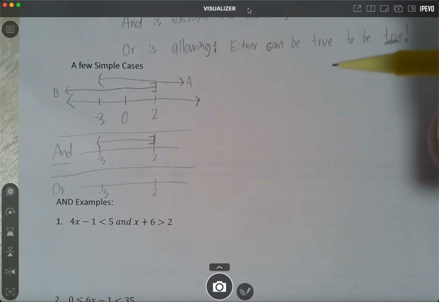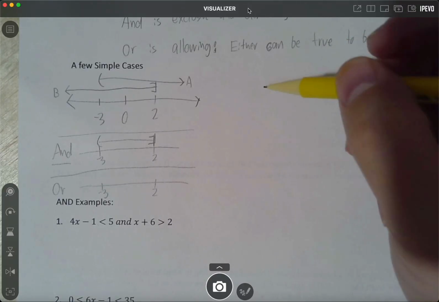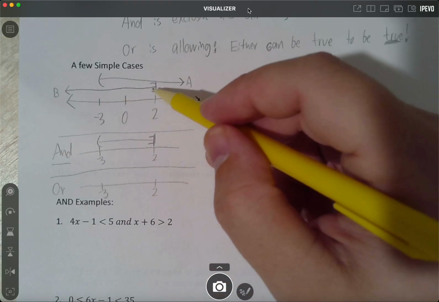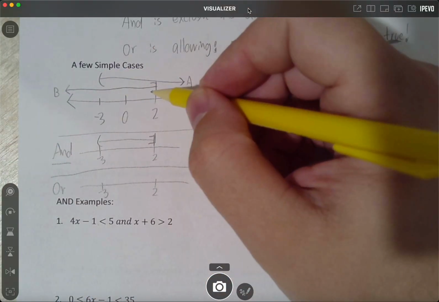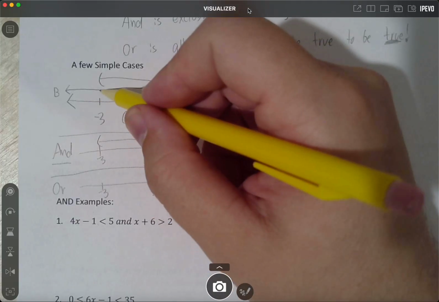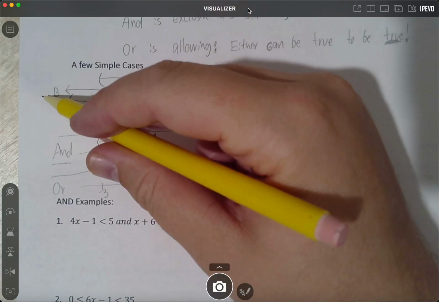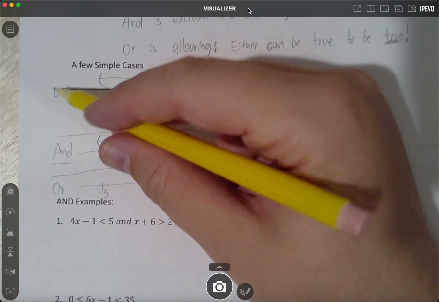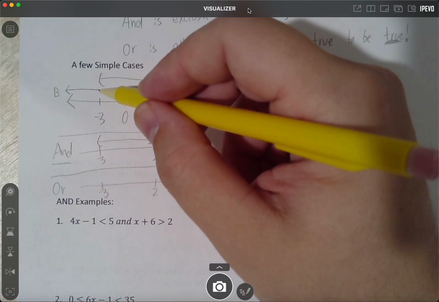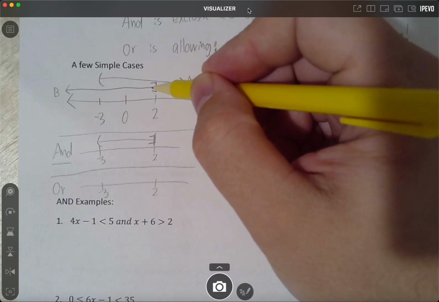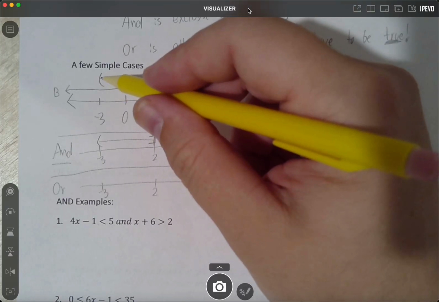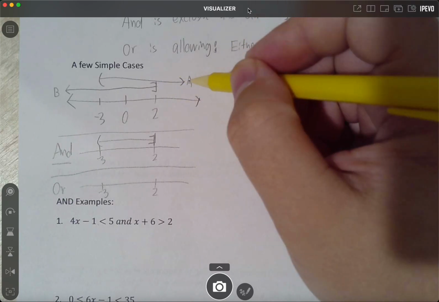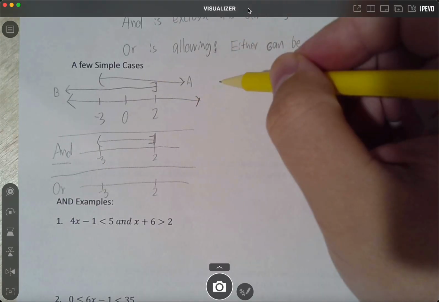And here's the way I'm going to say that: equation B can be equal to or less than -3. It can be between -3 and 2. And equation A can be between -3 and 2. And equation A can also be greater than 2.